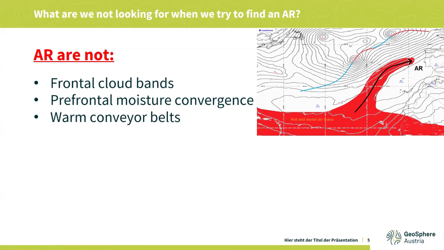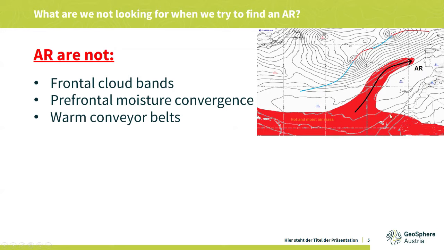It's not a warm conveyor belt, for those who are familiar with the conveyor belt theory, because conveyor belts are rising air masses prefrontal to cold fronts and always associated to one frontal system. As you can see in the image, you have here in red the hot and moist air mass of the tropics, marine air mass over the Atlantic, and due to the pressure gradients, there is a kind of filament that brings this moist air mass next to the ground.